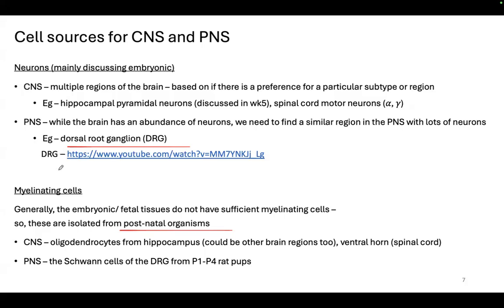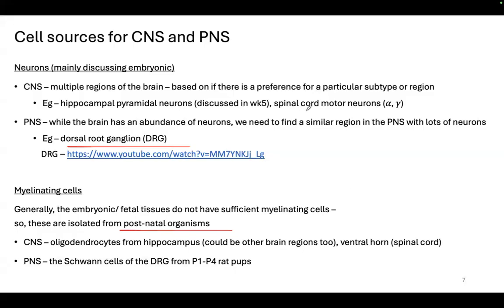So that's the neurons. And now we want to talk about the oligodendrocytes and Schwann cells. So we talk about postnatal organisms. For the central nervous system, you can have oligodendrocytes from your hippocampus, right? When you're talking about the pyramidal neurons, you can take it from just there itself, so that the neuron and the oligodendrocyte already belong to the same space.